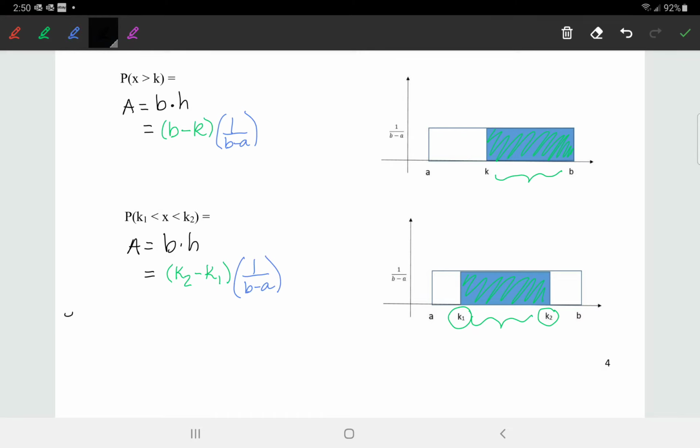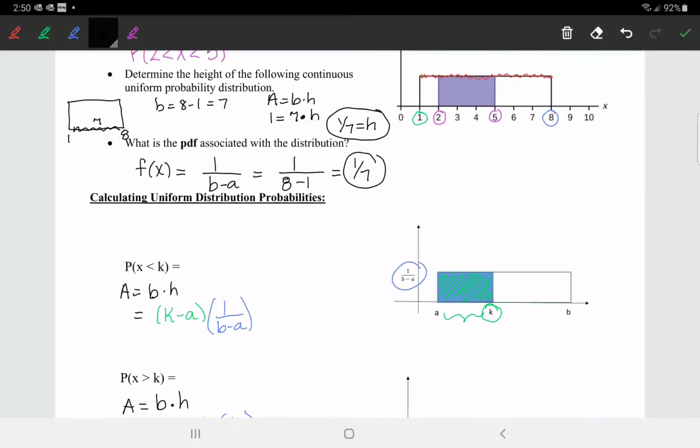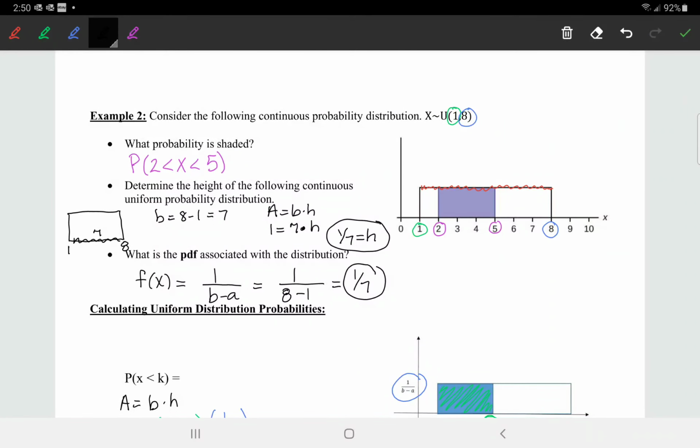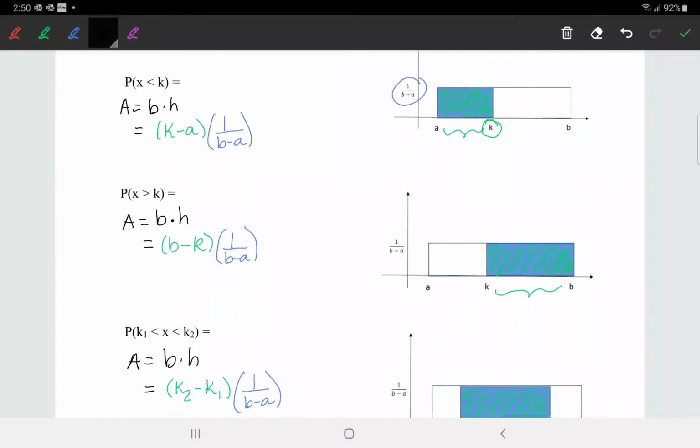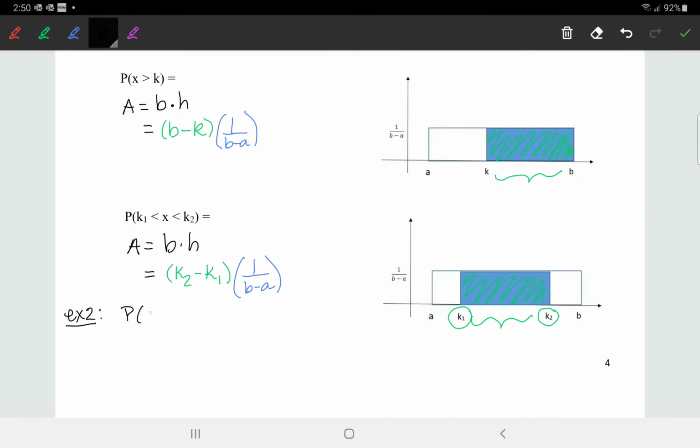So back in example 2, we had found that the shaded area was, if we come back up, we were looking for the probability that x goes in between 2 and 5, and that the PDF associated with it was 1/7. So the probability that x goes in between 2 and 5, and we have the height of this rectangle determined by the PDF, which is 1/7.